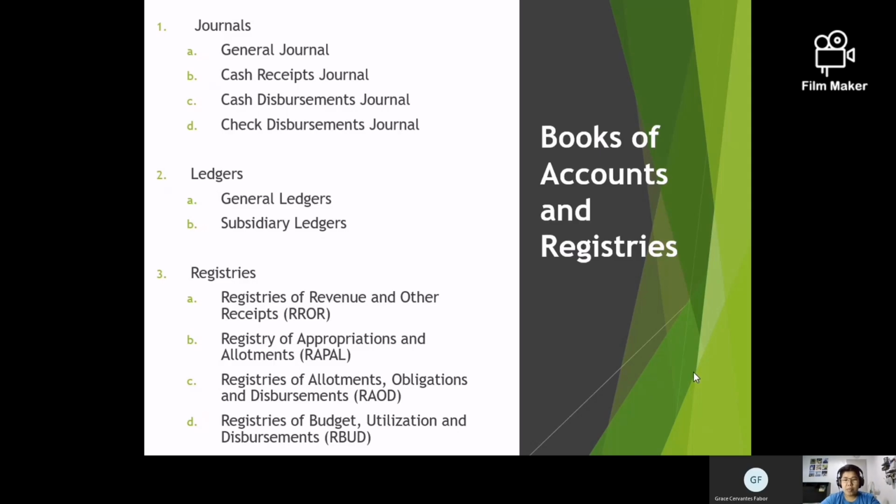Next is RBUD. RBUD is almost the same as RAOD. It is just that RBUD is used to record the approved special budget and the corresponding utilization and disbursement that is charged to retained earnings.